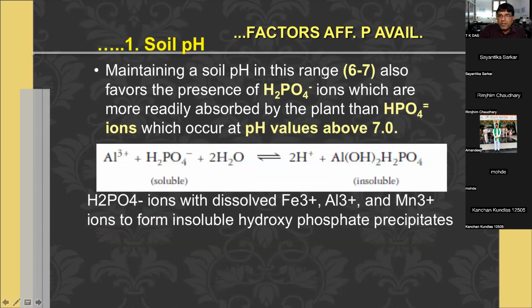Maintaining a soil pH in this range, 6 to 7, also favors the presence of H2PO4 ions, which are more readily absorbed by the plant than HPO4-2, which occurs at high pH values above 7. So you can see here, aluminum and H2PO4 can react to form aluminum phosphate, which is insoluble.